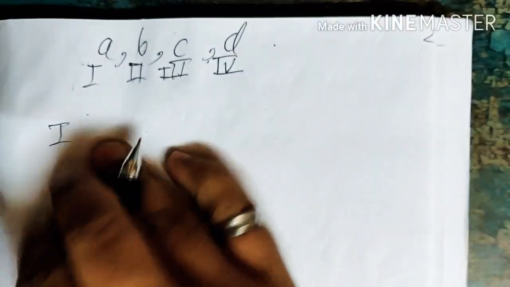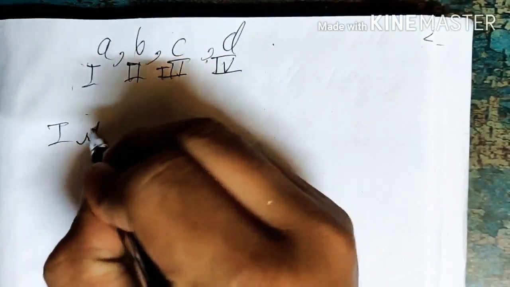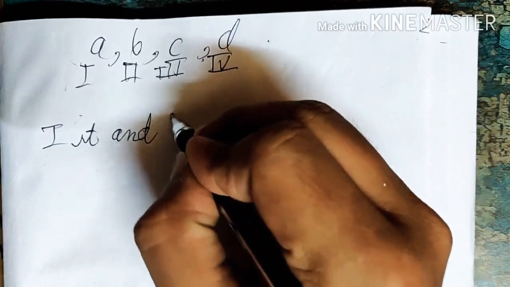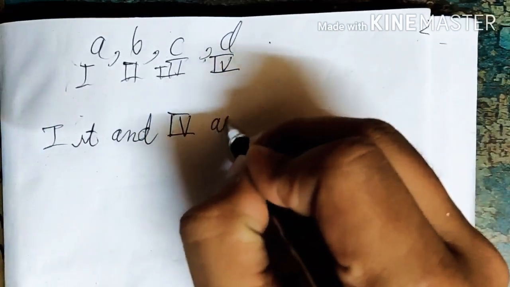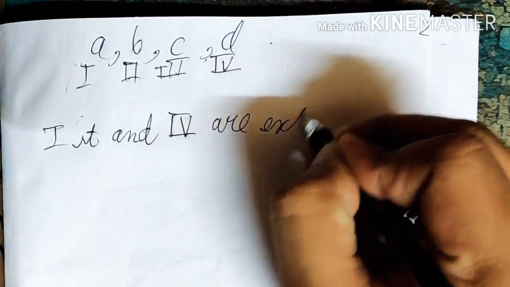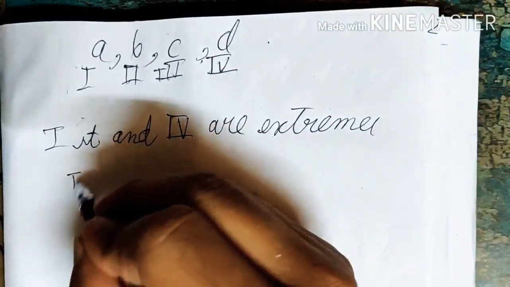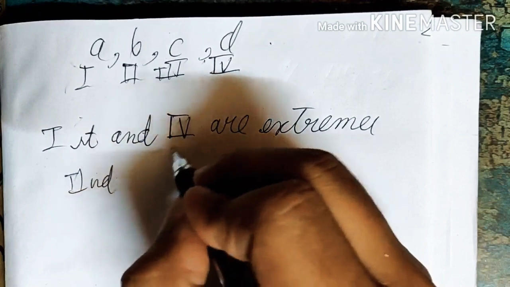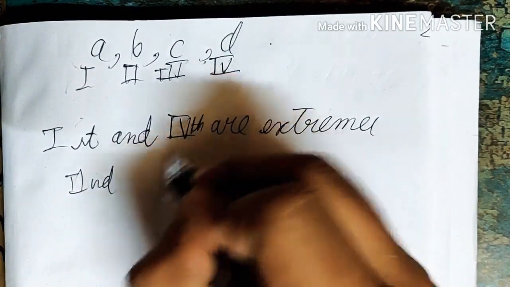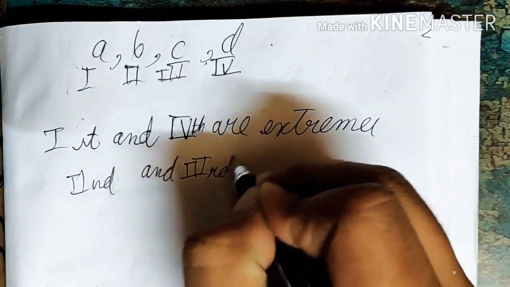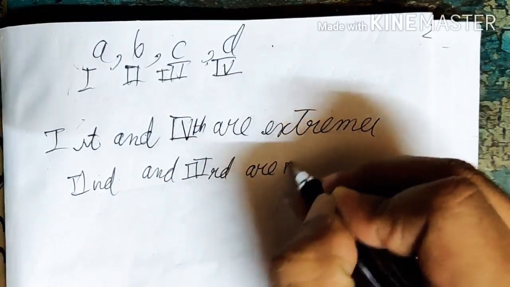If we see, first and fourth are extremes and second and third are means.